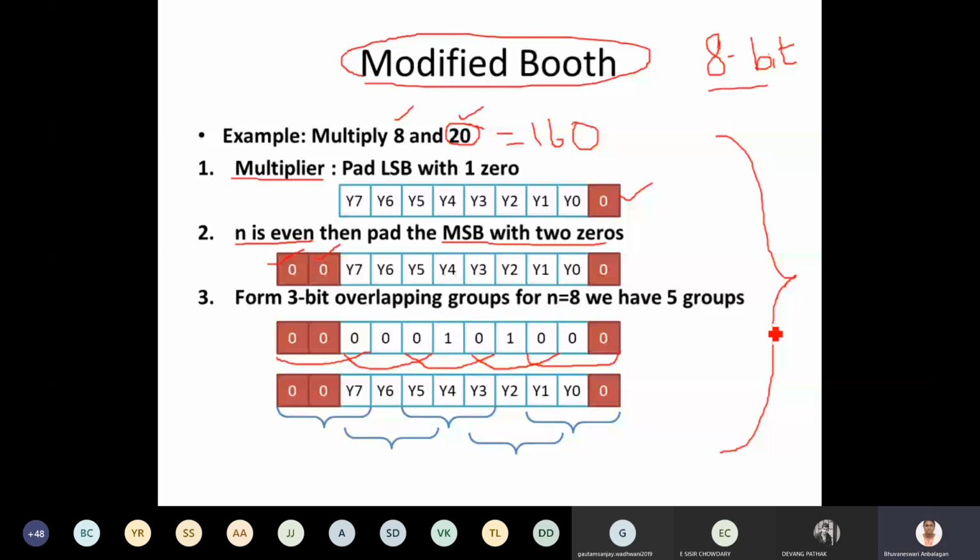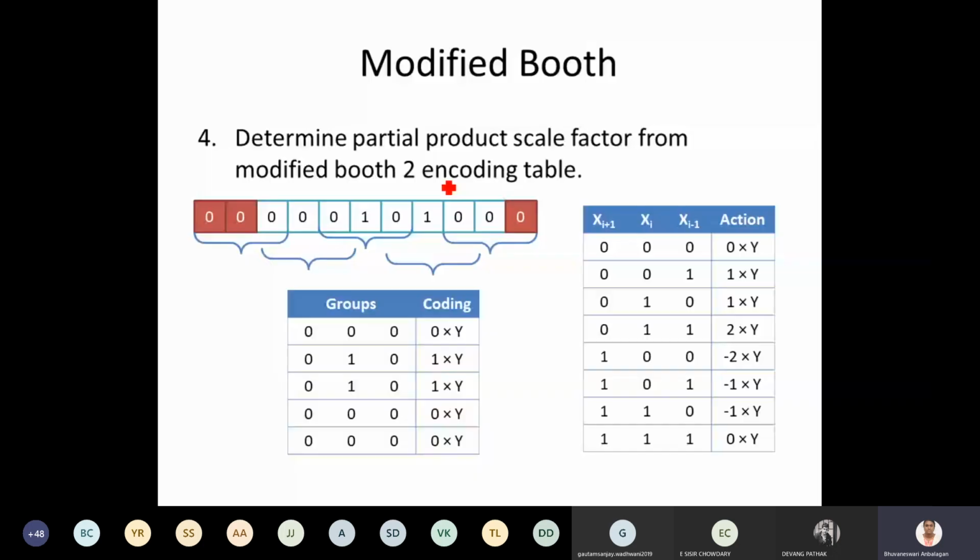So for these 5 groups, what do I have to perform? I have to perform the bit pair recoding. For my actual multiplier 20, I am forming these 3-bit overlapping groups. Now what are the groups that I have identified? This is the first group, the second group, third, fourth, and fifth.